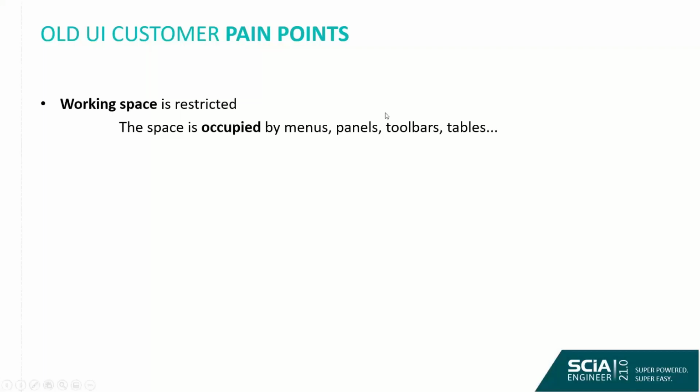The space in the old environment was occupied by different menus, panels, toolbars, and we held an investigation, and approximately half of these are rarely used or not even used at all. So we did something about it in the new interface.